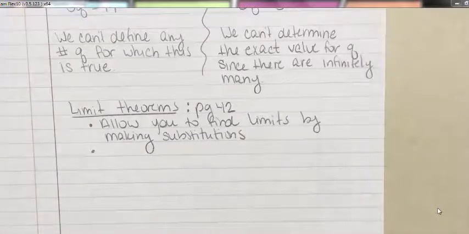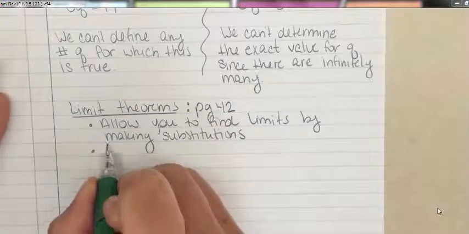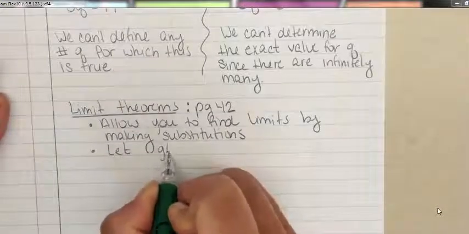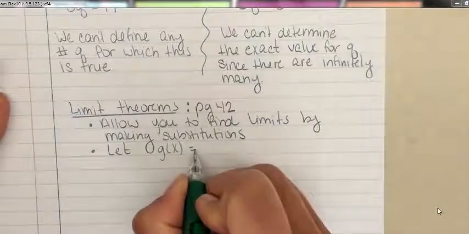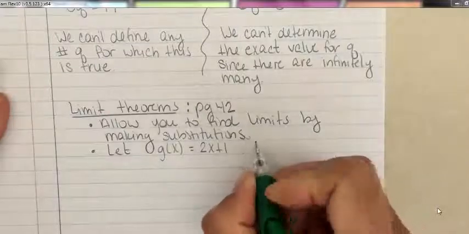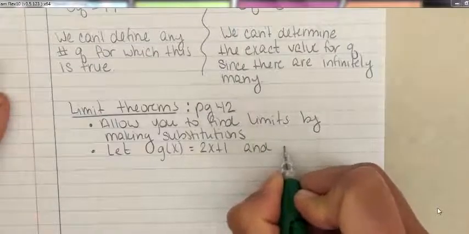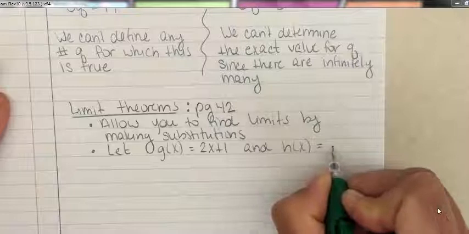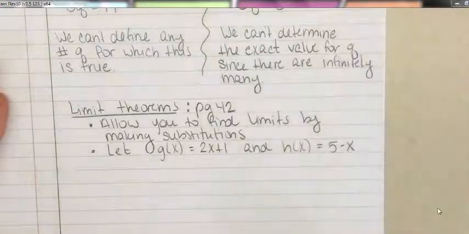The next thing is, we're going to assume right now that g of x equals 2x plus 1 and h of x equals 5 minus x for purposes of our examples here.